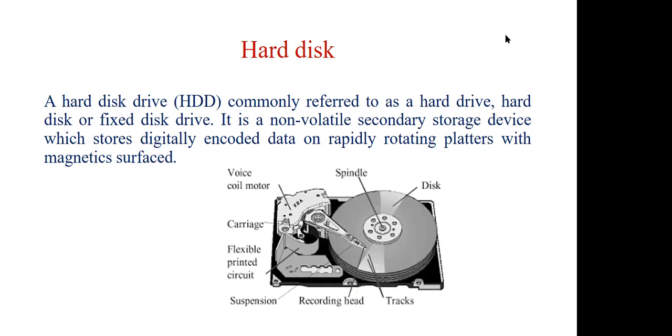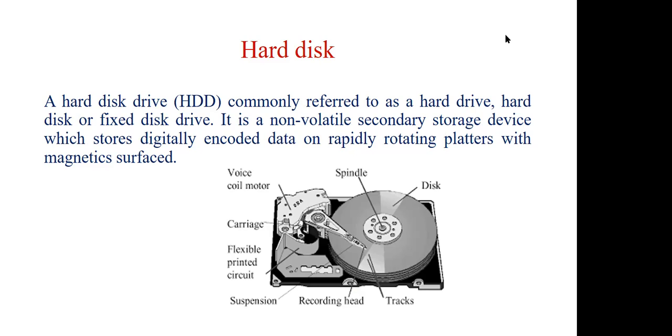Then we have the hard disk. A hard disk drive, commonly referred to as hard drive, hard disk or fixed disk drive, is a non-volatile secondary storage device which stores digitally encoded data on rapidly rotating platters with magnetic surface. So you see this diagram. We have these concentric disks.